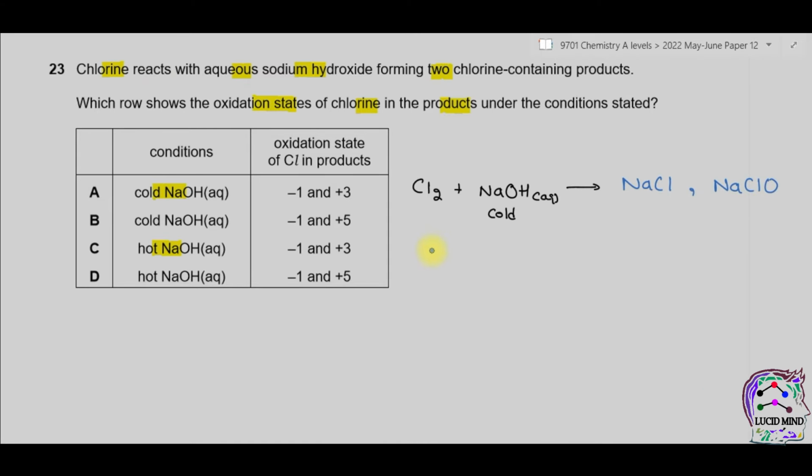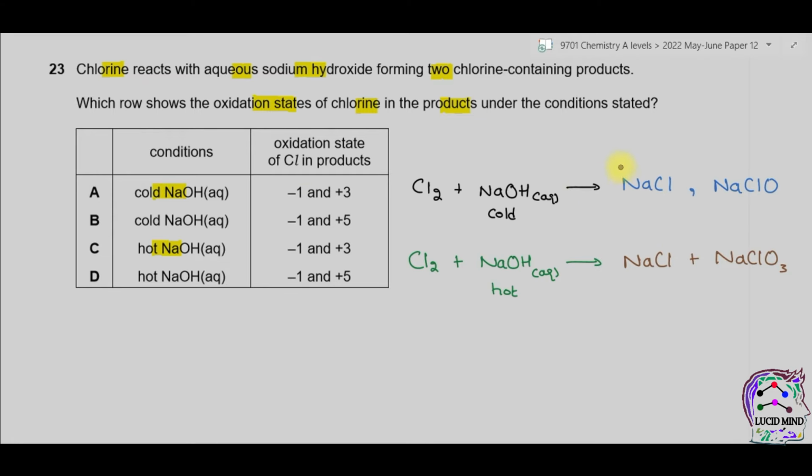And if hot sodium hydroxide is reacted, then we have NaCl and NaClO3. So let's find the oxidation states of chlorine in the products.